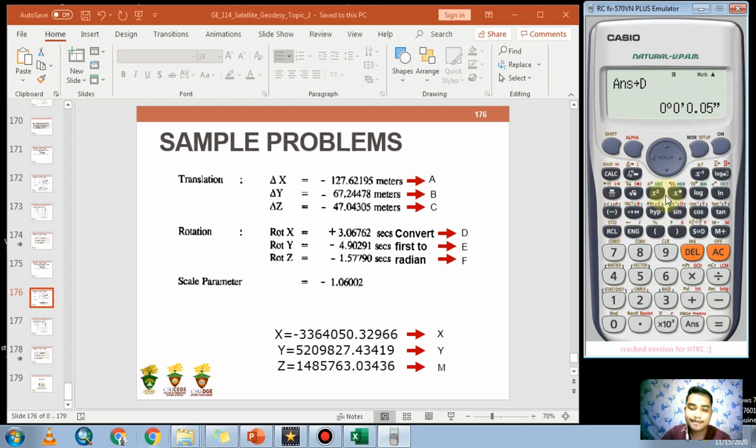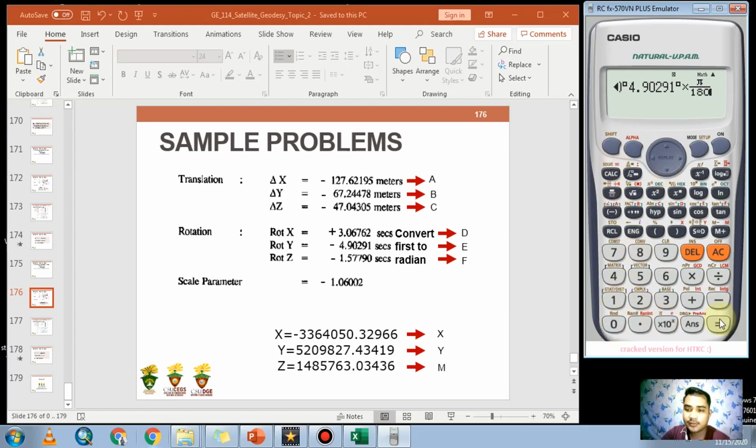Next is negative 0 degrees, 0 minutes, and how many seconds, 4.90291. Correct? Yes, degrees times pi over 180.